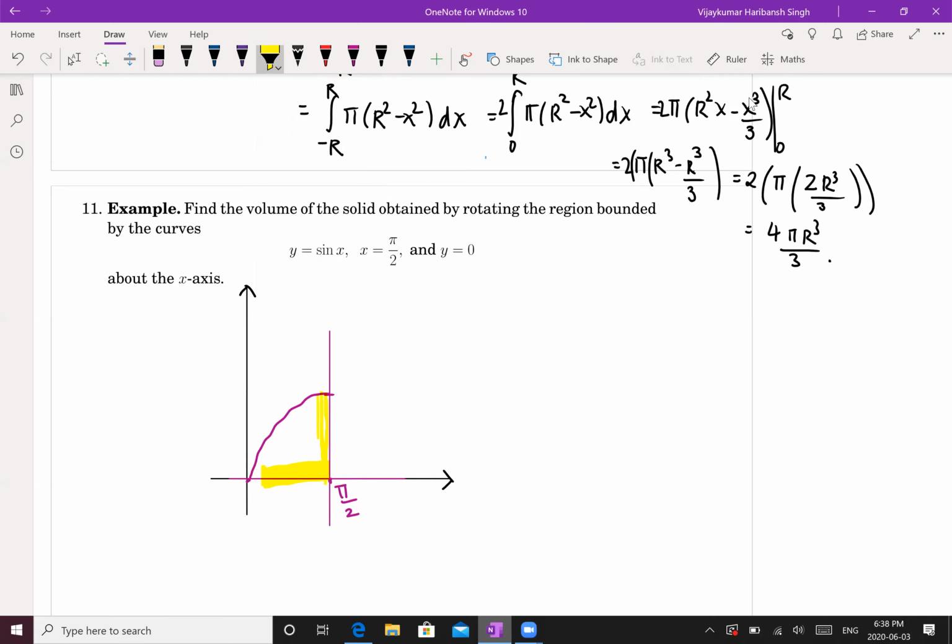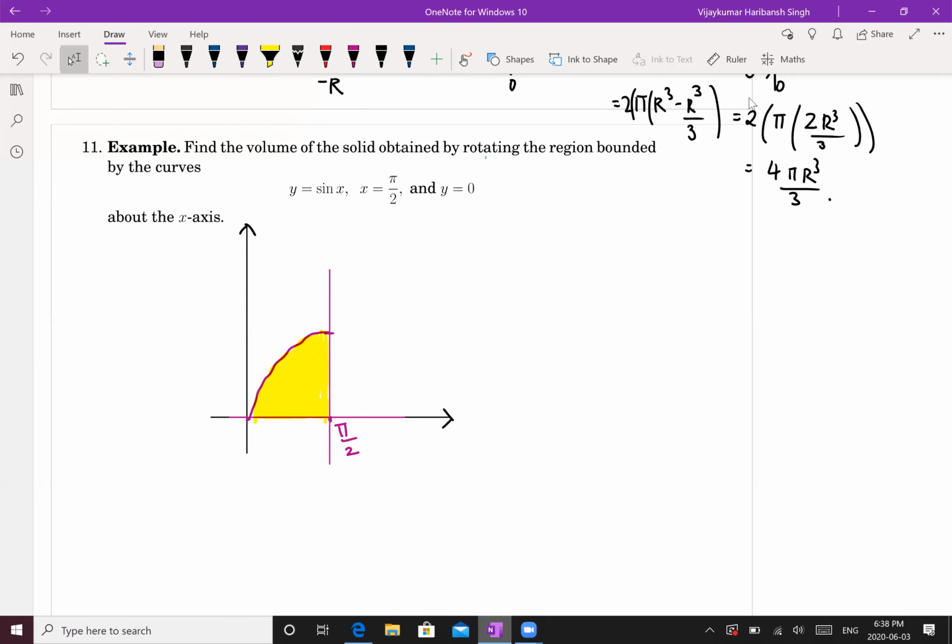Yeah, so this is the region. You're rotating around what axis? Around the x-axis. Okay, so now if you rotate this region, let's try to see how the shape will look roughly.